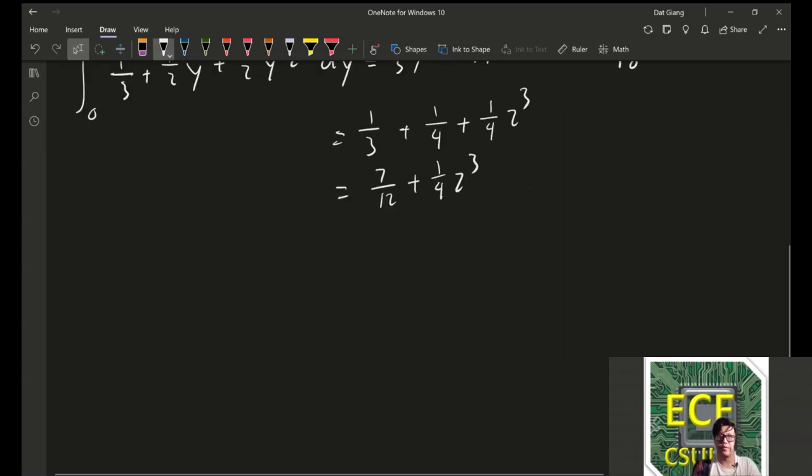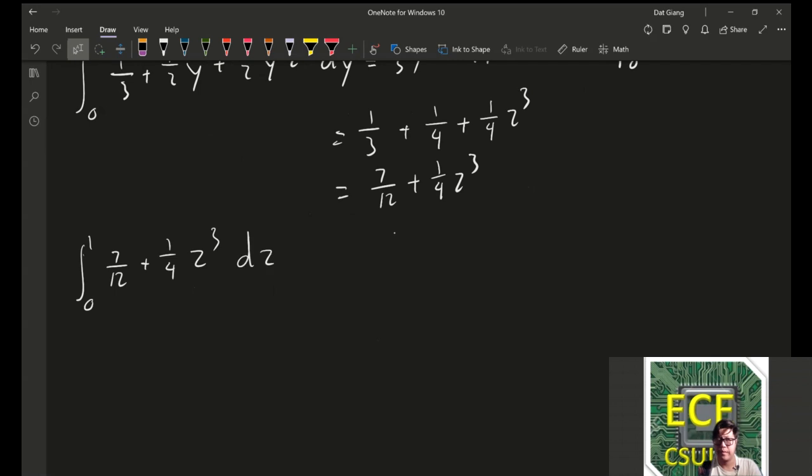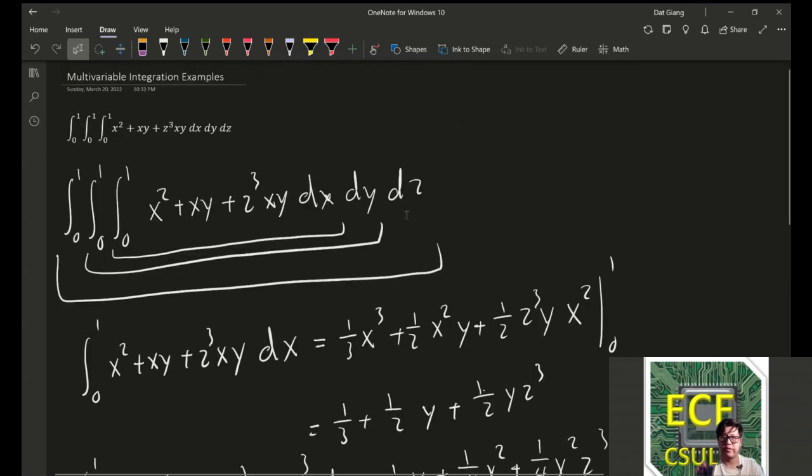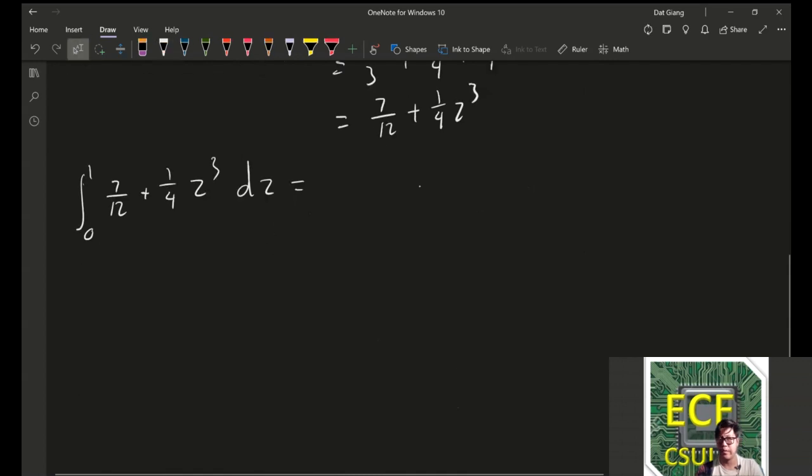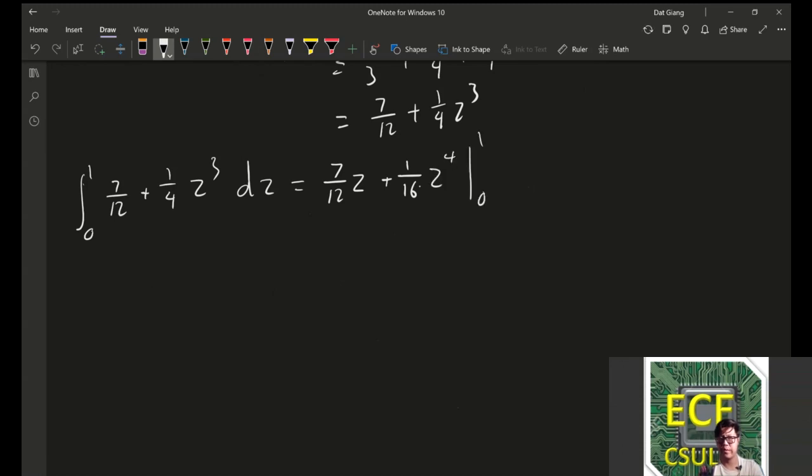This is our last one to integrate. So we have the integral from 0 to 1 of 7/12 plus 1/4 z cubed dz, as it's our last parameter. So over here we have 7/12 z plus, whoops, apologies, forgot to integrate, 1/16 z to the 4, evaluated from 0 to 1.